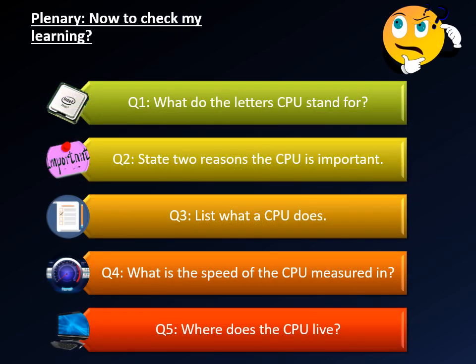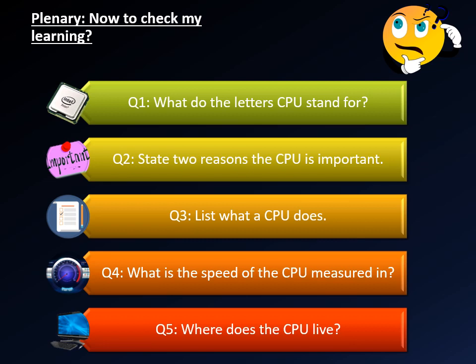Now let's check what we have learned so far. Please pause the video at this point. Take note of the questions. Try to answer these without checking your notes so we can see if we have learned anything so far. Question 1. What do the letters CPU stand for?